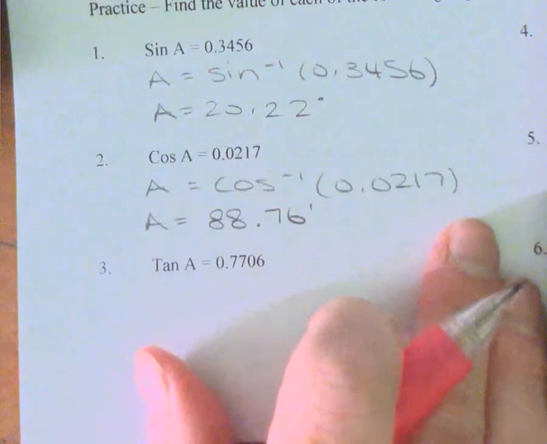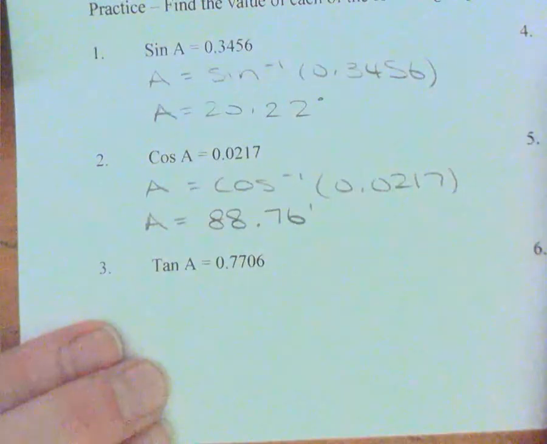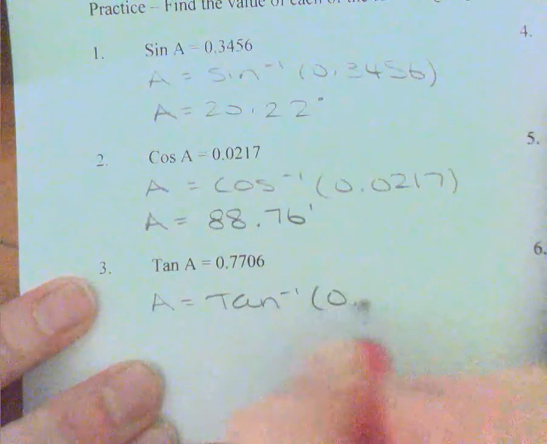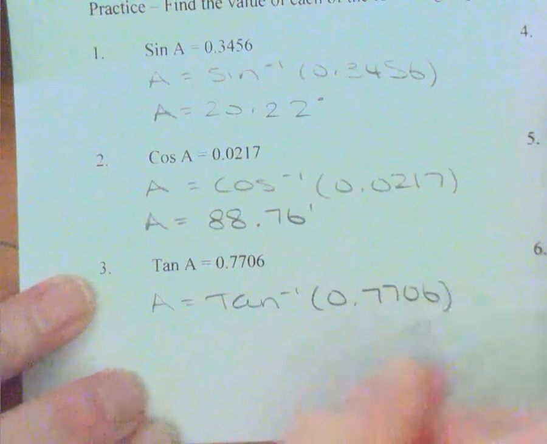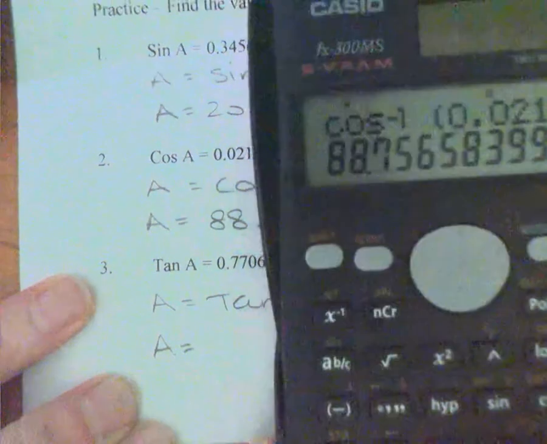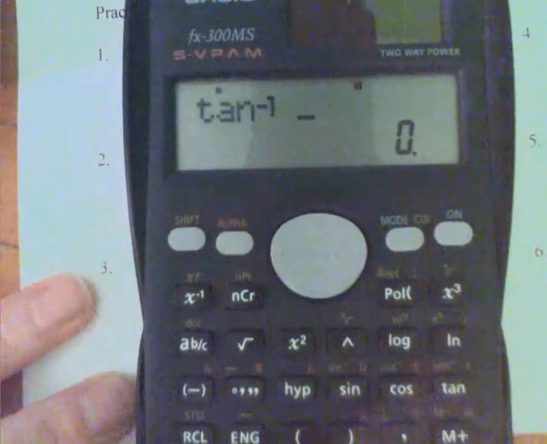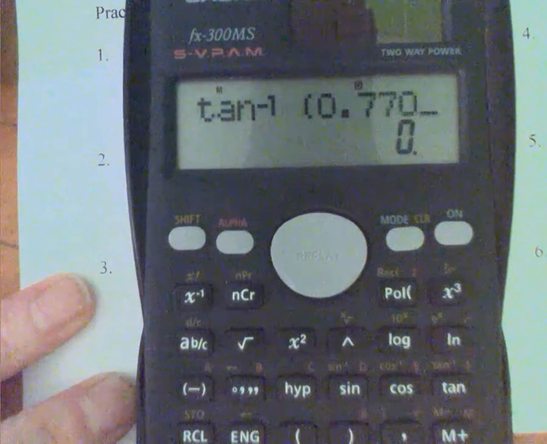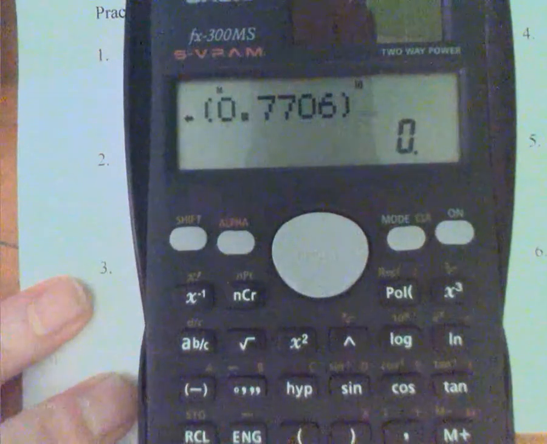I'm going to try one with tan. So again, I have A equals tan inverse 0.7706. And I'm going to grab my calculator and put it all in. And add a bracket. And then I hit equals.